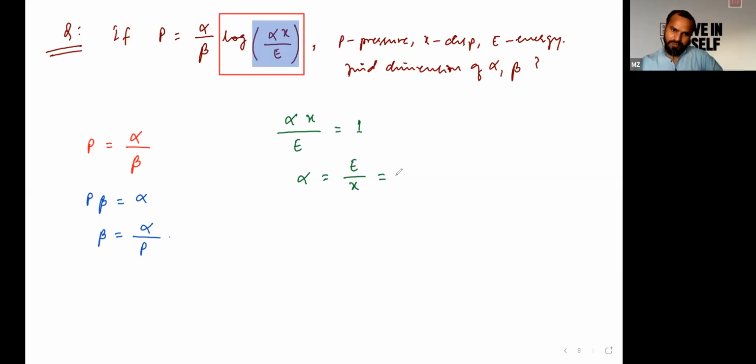Since you all have solved for alpha, it was mLt to the power minus 2. Safan, check your answer once again. Yusra, you also check. There is some little mistake. The dimension formula for P is m L to the power minus 1 T to the power minus 2.